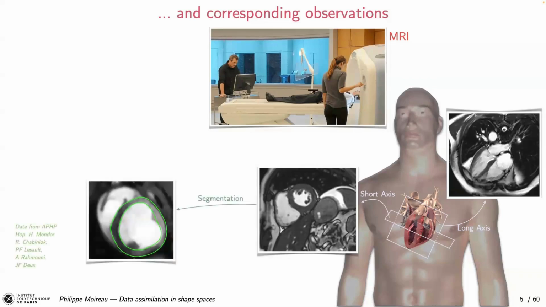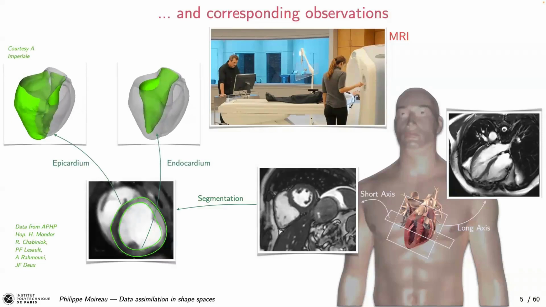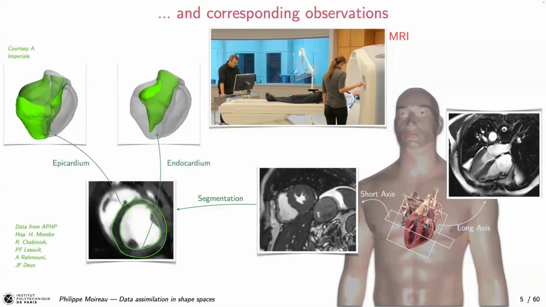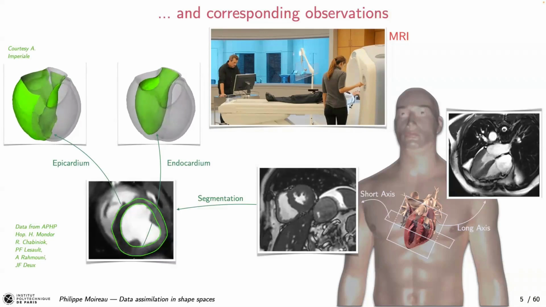And from that, if you have several short axis sequences, then you can segment them and recreate the shape of the epicardium and endocardium of the heart.